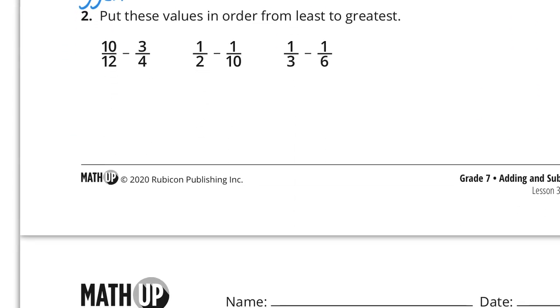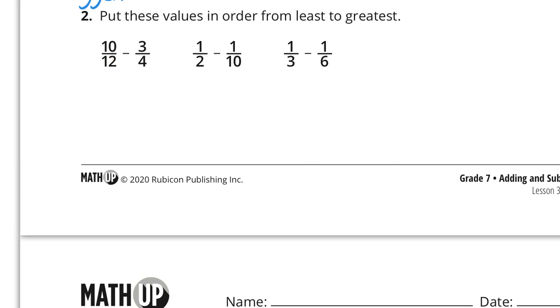The next question says, put these values in order from least to greatest. Well then, let's figure them all out. I can see that it's easiest to subtract when we have a common denominator, right? These are not common yet, but I can change this guy. I can make an equivalent fraction that will have the same denominator as 12.